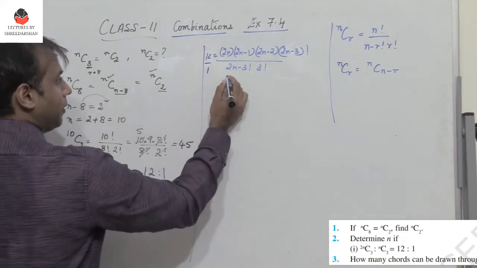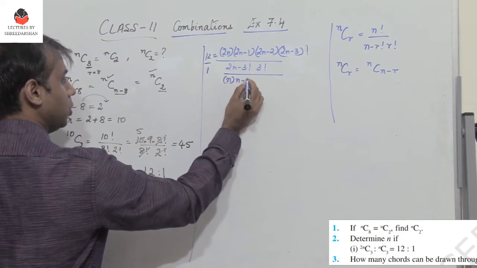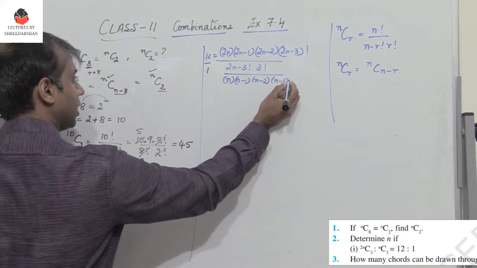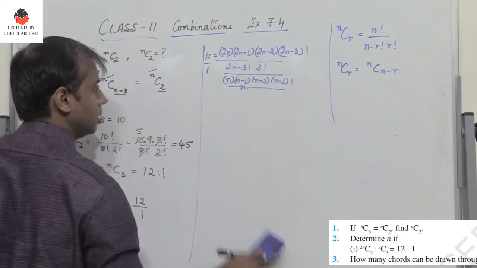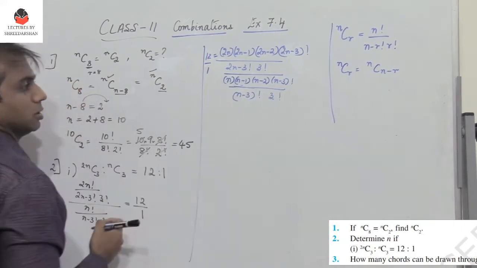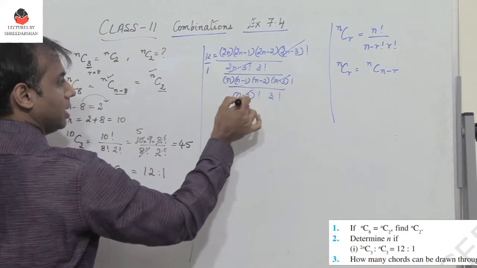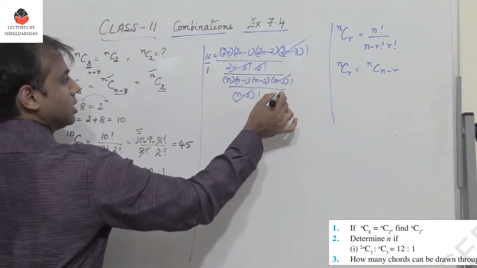In the denominator again n factorial is there. So I have n into (n minus 1) into (n minus 2) into (n minus 3) factorial divided by (n minus 3) factorial into 3 factorial. So here (2n minus 3) factorial gets cancelled, (n minus 3) factorial gets cancelled, and 3 factorial also gets cancelled.